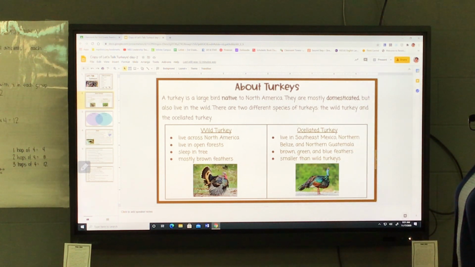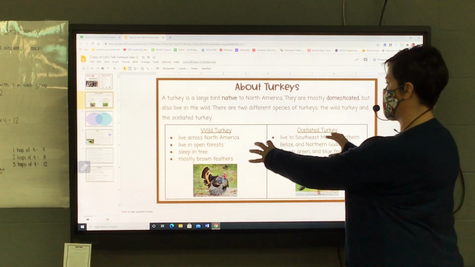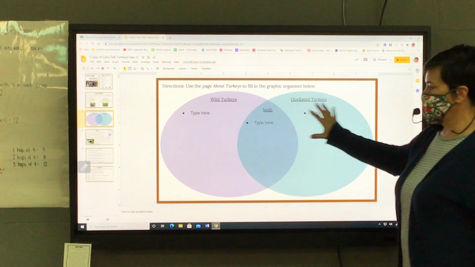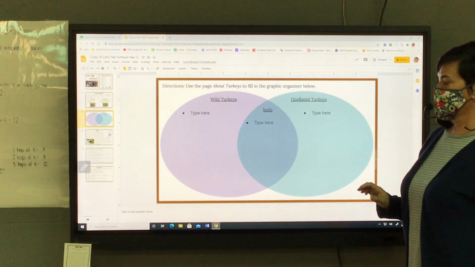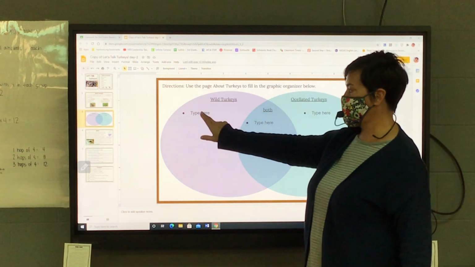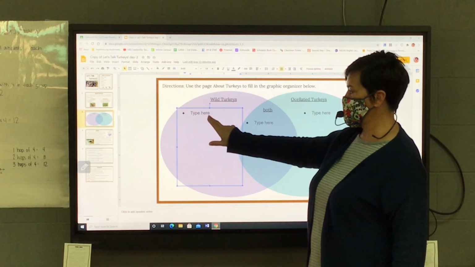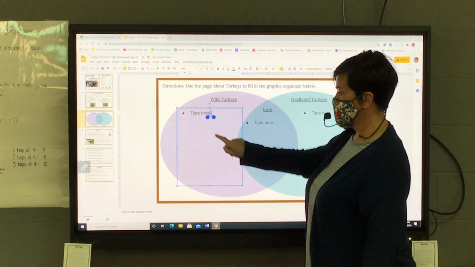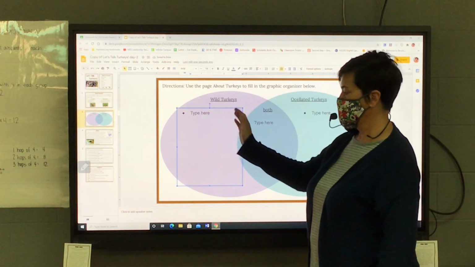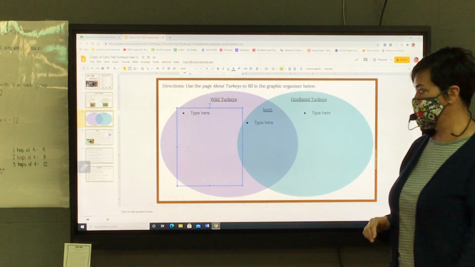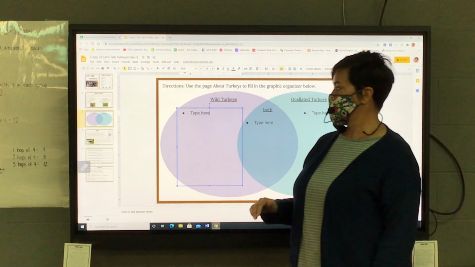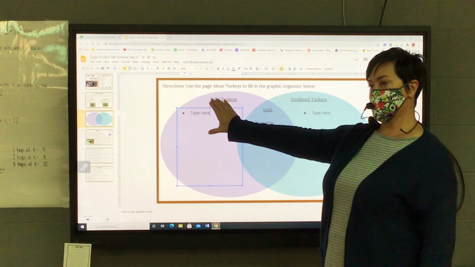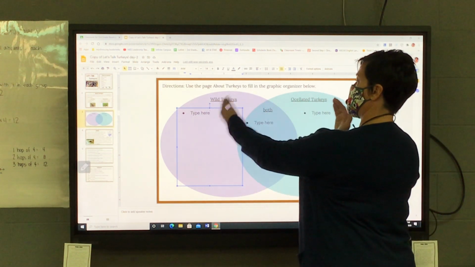All right, we're going to use this information to fill in here. So remember, to be able to type, you need to double tap so that you get your text box there. Go to the end, and then you can backspace. So, what is different between the 2 turkeys?